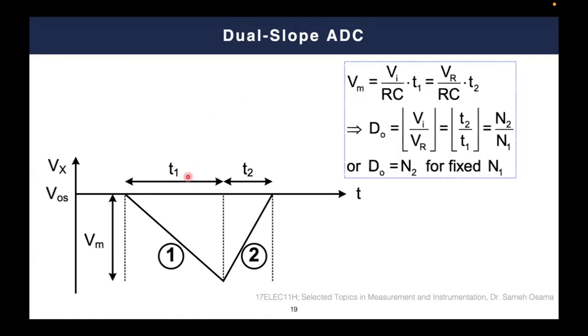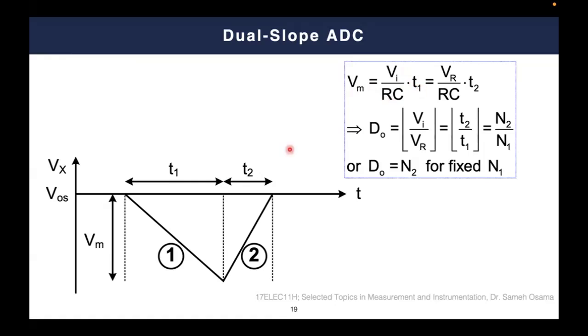In general, you can say that VM, from the left side point of view, equals V input over RC times T1, which is simply VM, the total value, equals 1 over RC times the V input times the time.